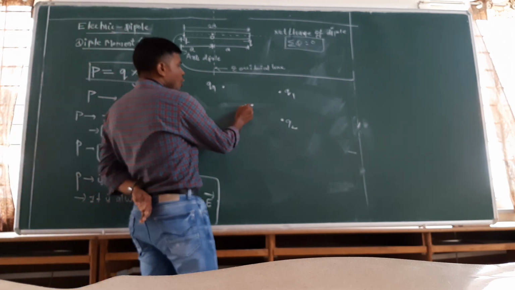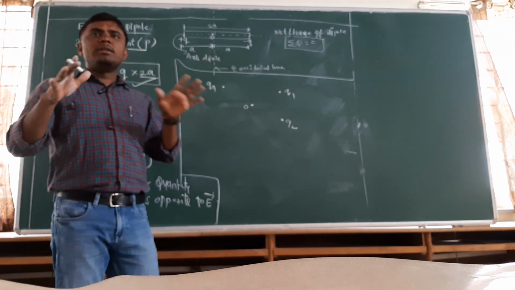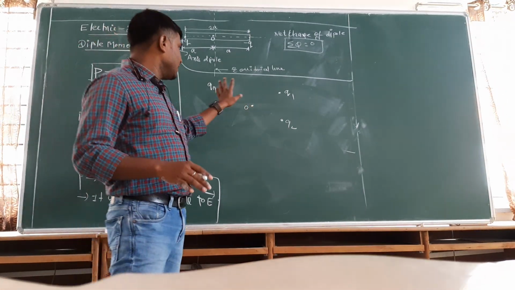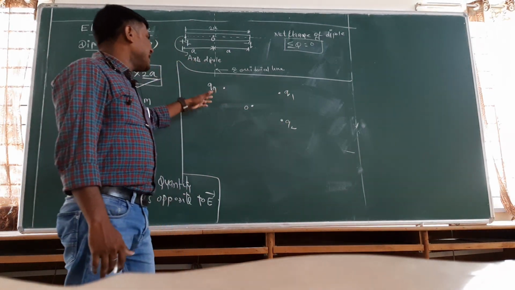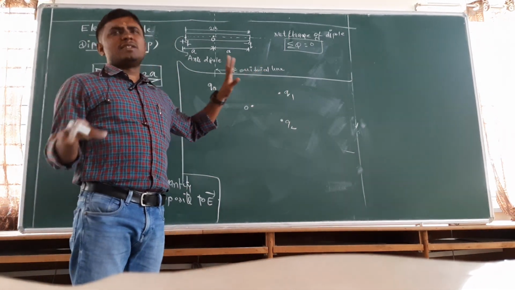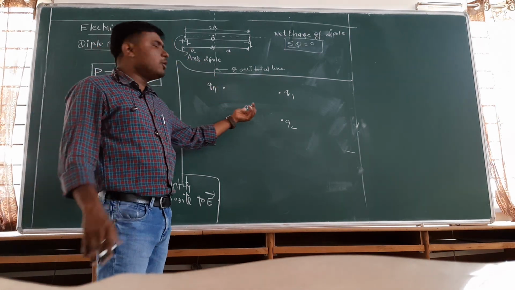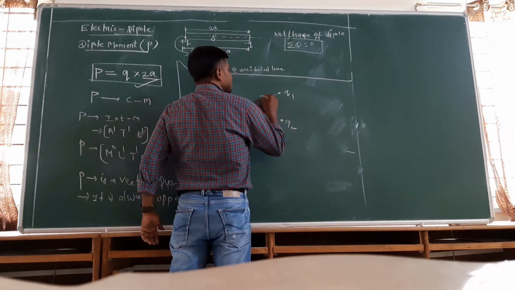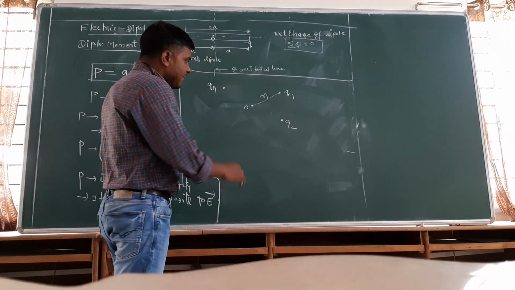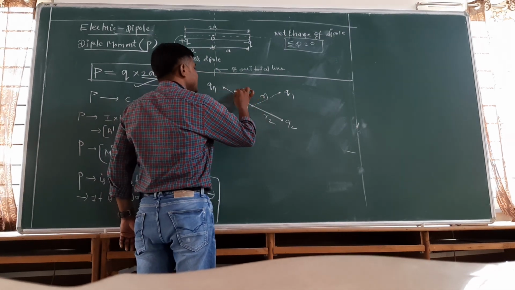Let's say this point is O. How many charges are around this point O? Three charges are visible for now, but it may be n number of charges: q1, q2, and so on up to qn. All the charges are at a certain distance from my location point O. Let's say from here the distance is r1, from here the distance is r2, and from here the distance is rn.